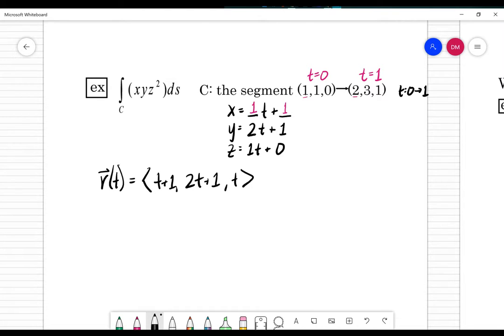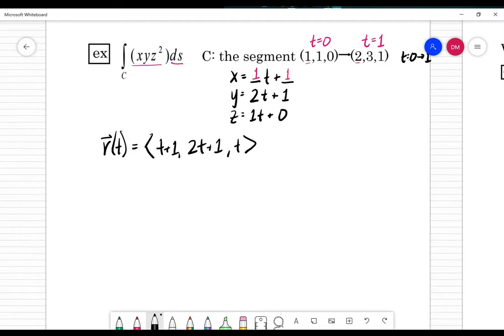What that means is we are converting our xyz squared in terms of our parametric equations, and we are converting ds using the magnitude, or speed, if you'd rather think of it that way. So we're going back to that original calculation. We are not doing the equation for work.